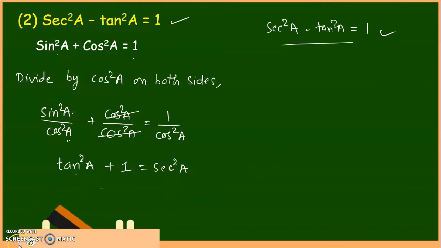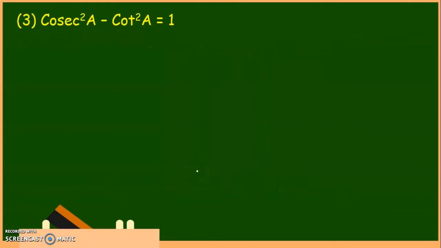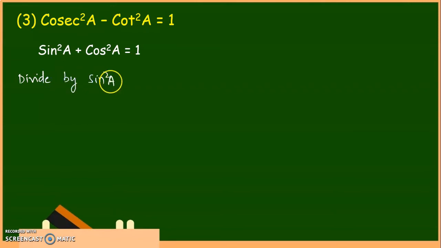Now let's see the third identity. The third identity is cosec²A − cot²A = 1. This is also derived from the first identity, sin²A + cos²A = 1. In the previous identity, we divided by cos²A. Now we will divide this identity by sin²A on both sides.